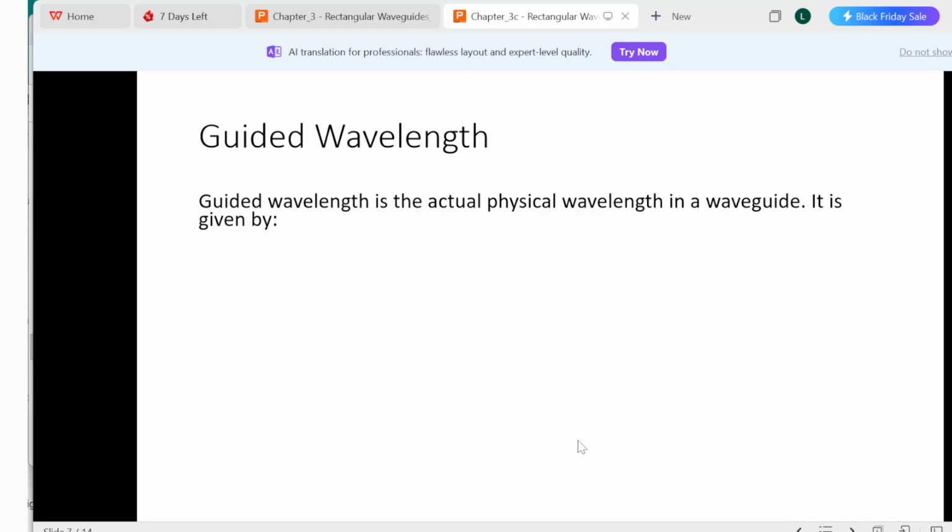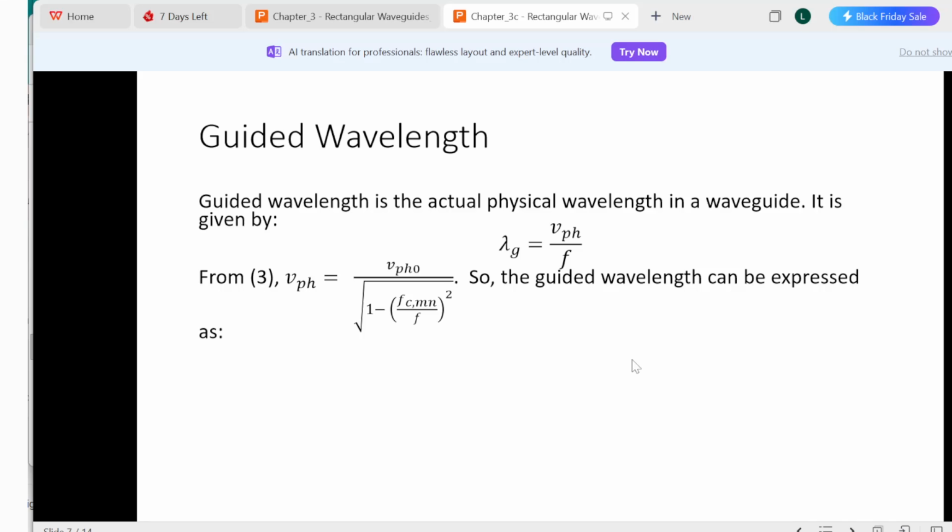The guided wavelength is the actual physical wavelength in the waveguide. This wavelength will be most likely less than the free space wavelength, and we are going to derive the guided wavelength and express this in terms of the free space wavelength. So remember, the guided wavelength is given by the phase velocity divided by the frequency. And the velocity itself, as we already know, is a function of frequency as well.